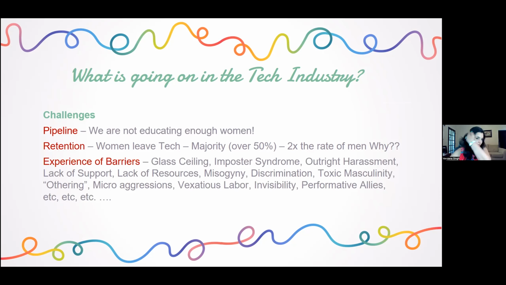And some of the reasons for that are these barriers that they experience. Kind of going back to that image of social justice, the barriers that we saw there. What are some of these barriers? Glass ceiling, imposter syndrome, harassment, outright harassment, lack of support, lack of resources, misogyny, discrimination, toxic masculinity, othering, microaggressions, vexatious labor, invisibility, performative allies, and the list goes on and on.